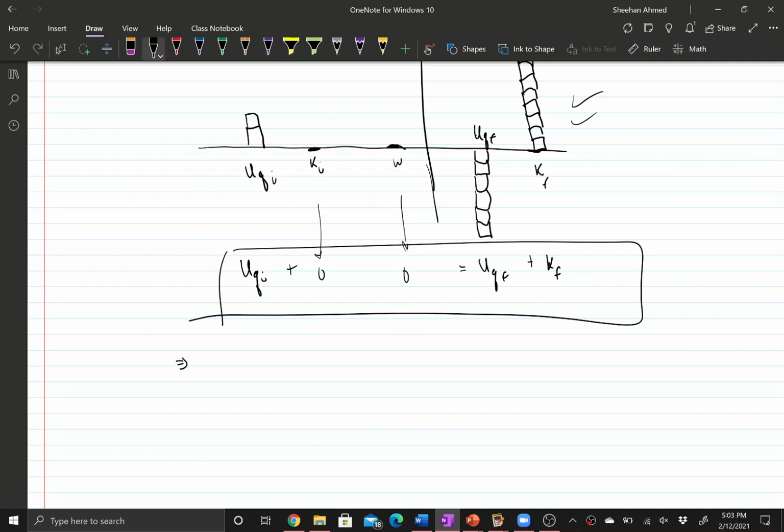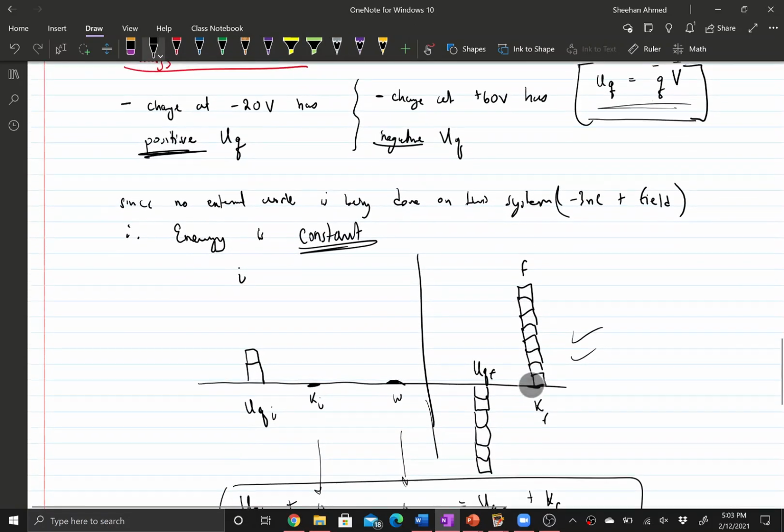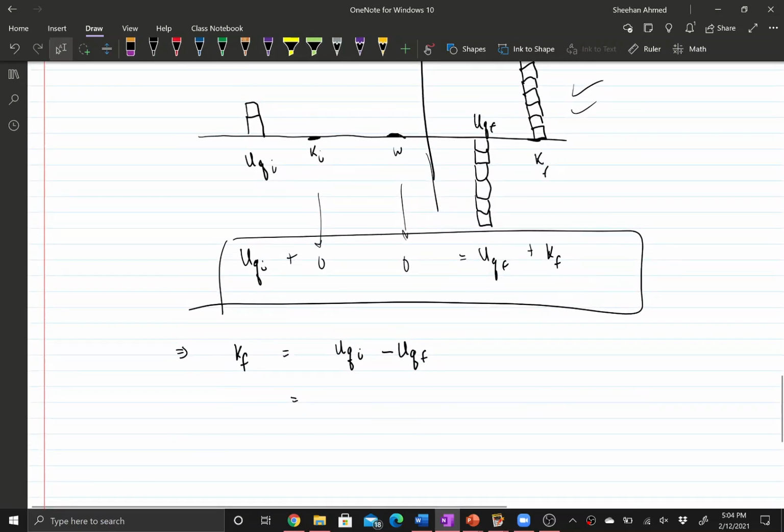Then I can rearrange this and write K final is equal to UQ initial minus UQ final. Well, that lets me find the final kinetic energy of the charge. Well, what is the UQ initial? Well, I already wrote down an expression, right? UQ is given by the charge times the voltage or the potential value.